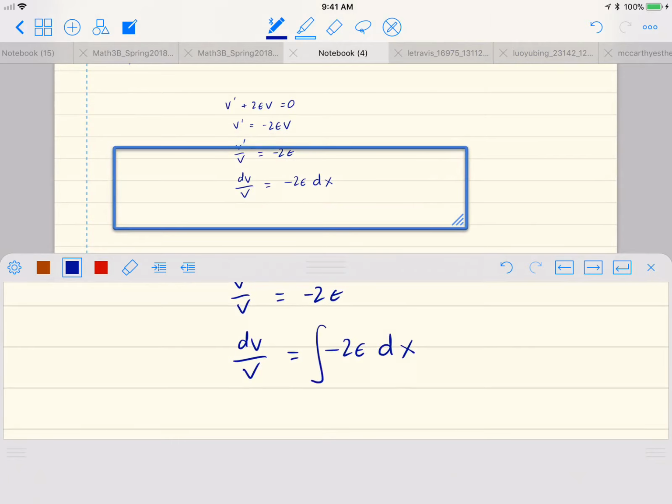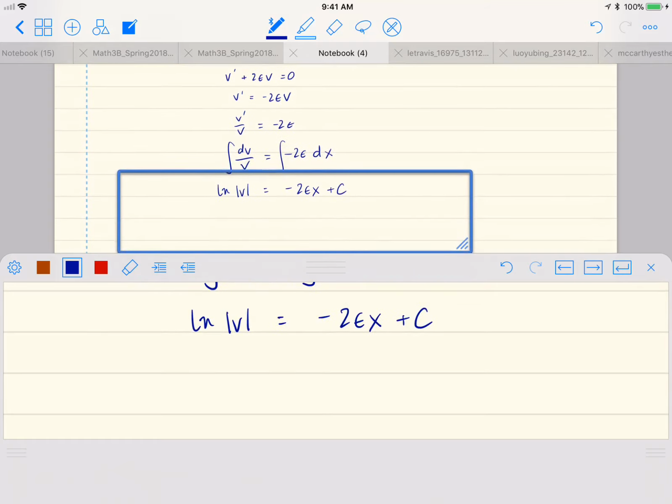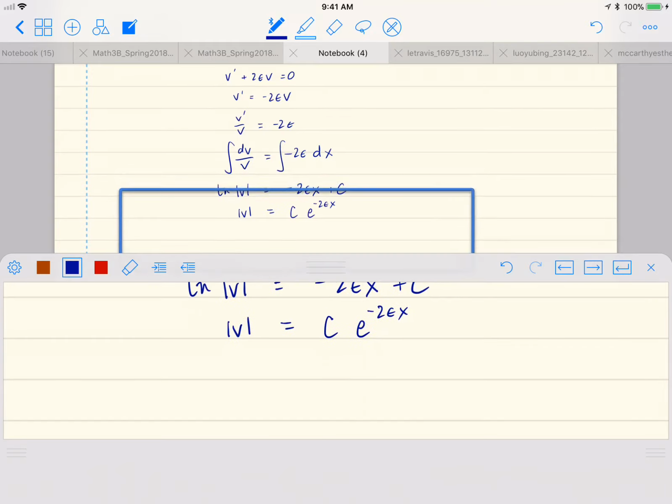Then we integrate both sides. On the left-hand side, we'll have the natural log of the absolute value of v. And on the right-hand side, we'll have negative 2 epsilon x plus a constant. We'll exponentiate both sides, and we'll get the absolute value of v is equal to a constant times e to the negative 2 epsilon x.